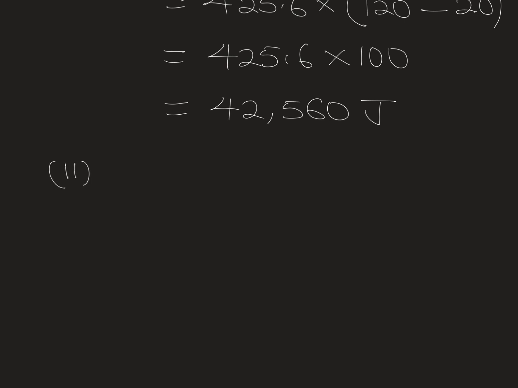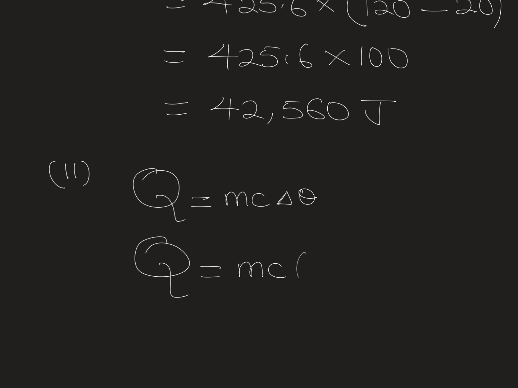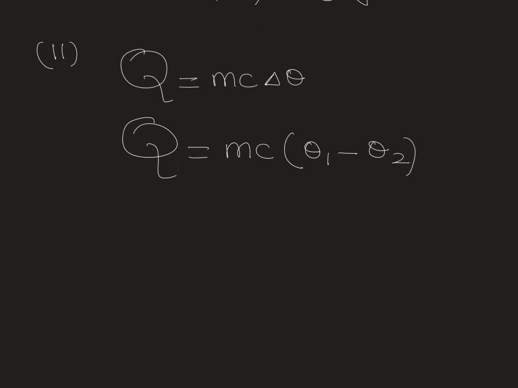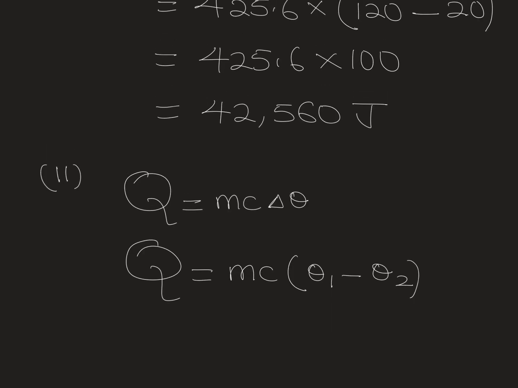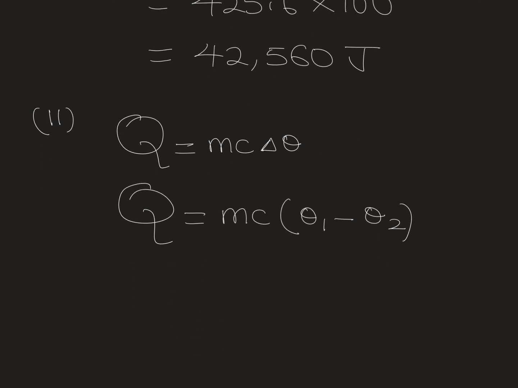Moving on to question 2, it asks us to find the specific heat capacity of the copper block. So we're going to use Q is equal to MC delta theta. That is going to be Q is equal to MC into theta 1 minus theta 2. Okay, so what is the quantity of heat? We have calculated that as 42,560.